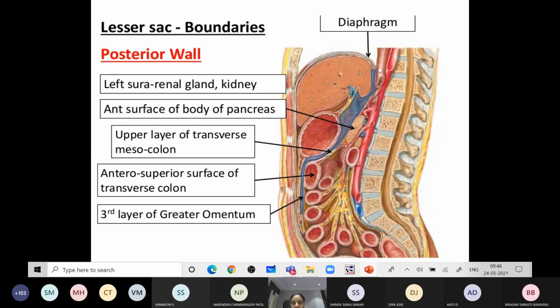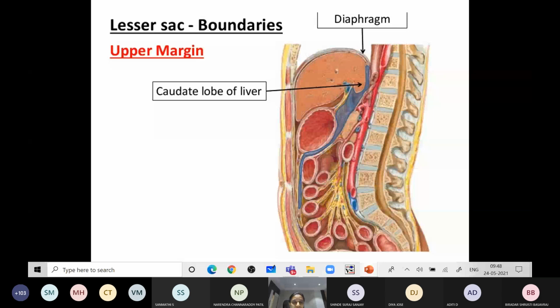That's the posterior wall. With the help of the diagrams, you can remember. For that, you have to practice the diagram. Then you can explain easily.